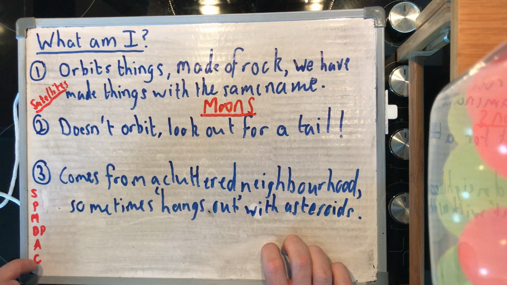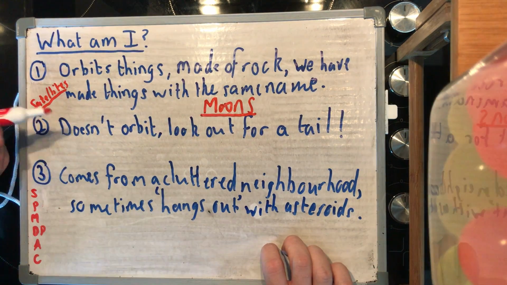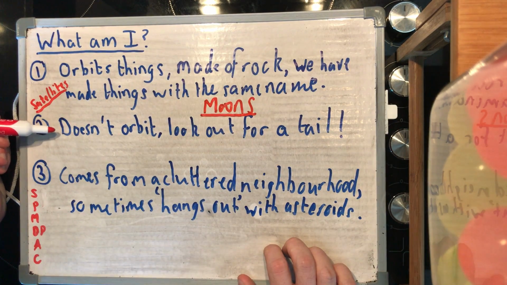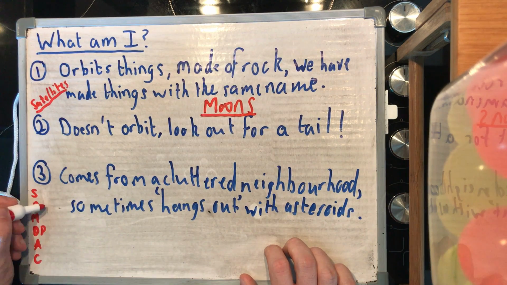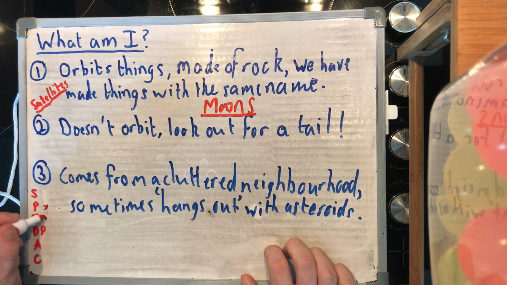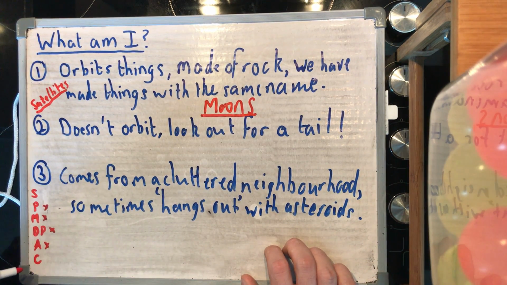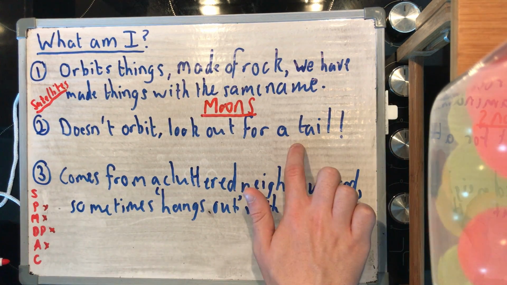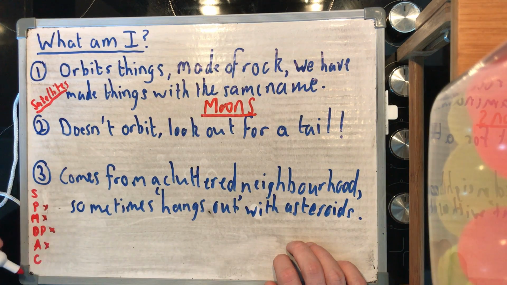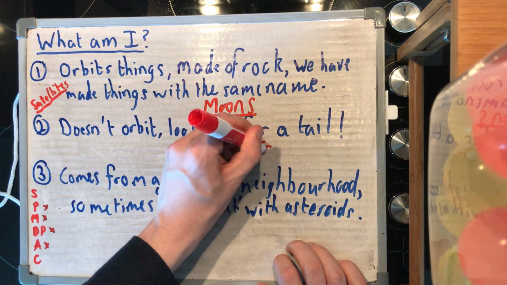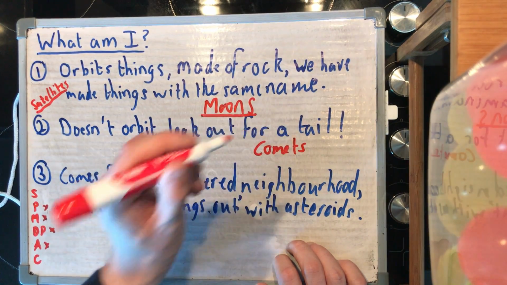Now the second one hopefully will be a little bit easier. So this is an object that doesn't orbit, and it has a tail left behind. So because it doesn't orbit, we know planets, moons, dwarf planets and asteroids are immediately out of the game. And the tail that we see, you might remember I did my drawing earlier on, we're obviously talking about a comet, or comets.